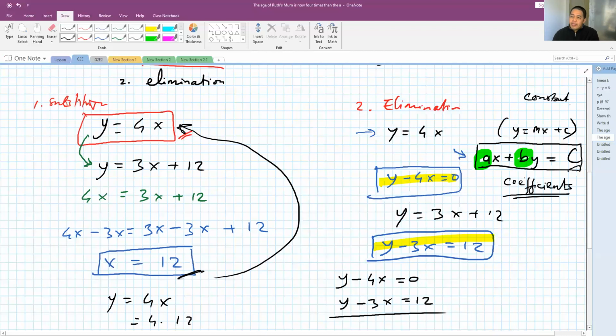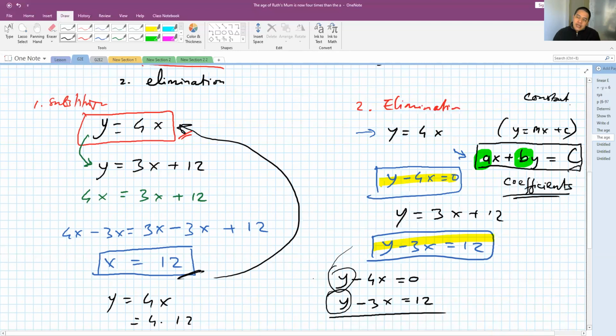Now, when you want to do the elimination, it's good when one of the coefficients, either the coefficient of y or the coefficient of x, has the same value in both equations. For example, the coefficient of y here is 1, 1 times y, and the coefficient of this y is also 1.